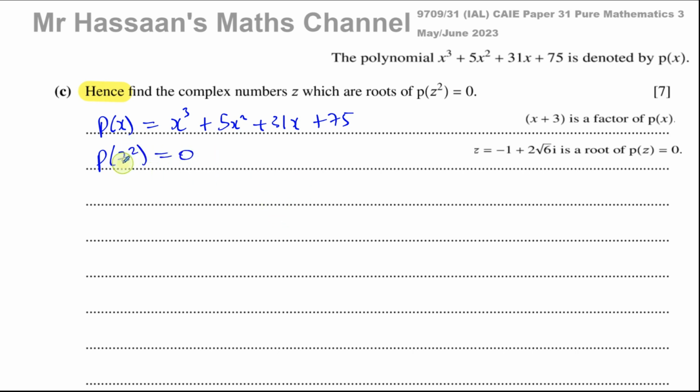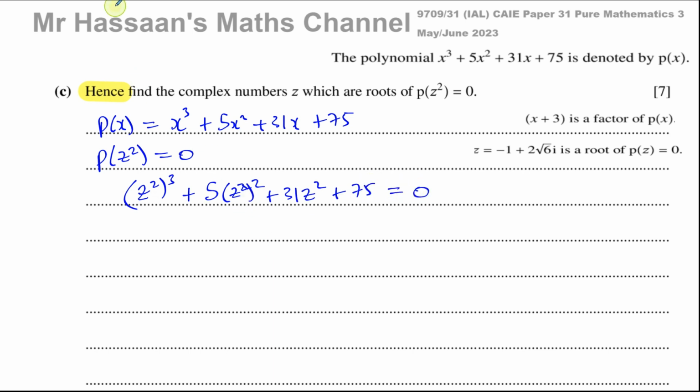So let's first of all find what p(z squared) is as an equation. We're going to replace the x now with z squared. So instead of x, I'm going to write z squared. So I'm going to have z squared raised to the power of 3, plus 5 times z squared raised to the power of 2, plus 31 times z squared, plus 75 equals 0.